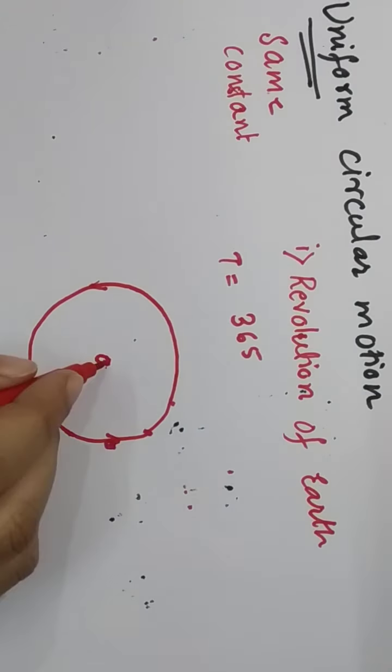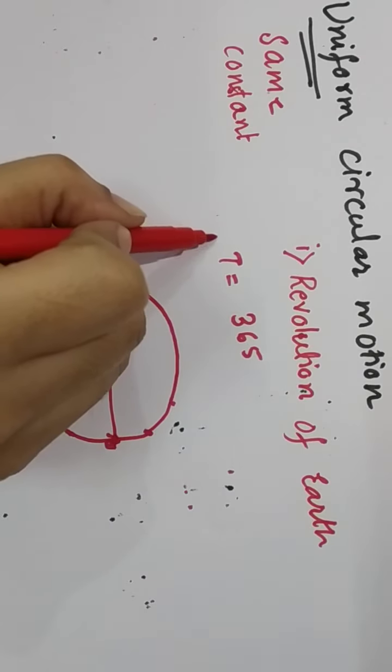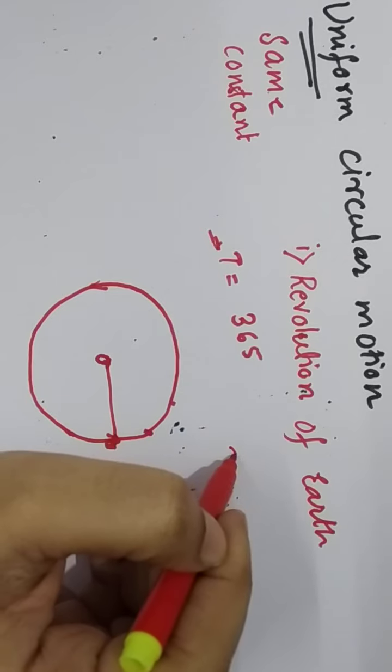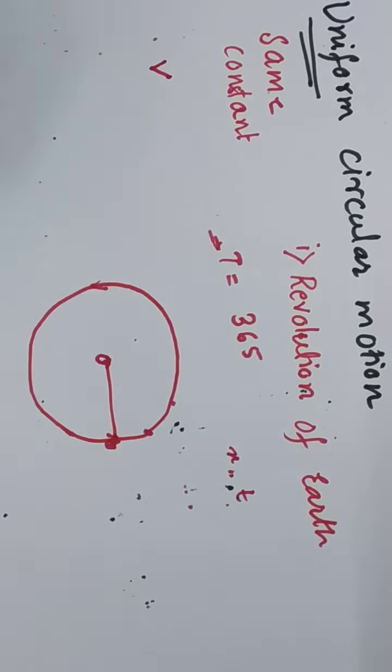So here, what is meant by uniformity? Earth is describing its path in equal time intervals. It means the distance traveled by the Earth is constant, and the time interval is also constant. Do you have any relation between distance and time? Yes, it is the speed.